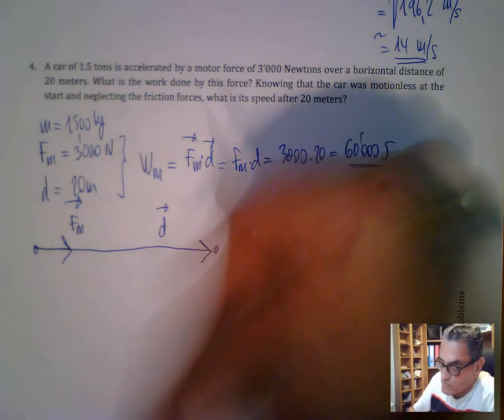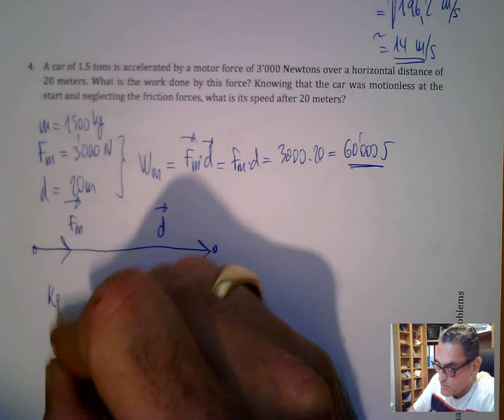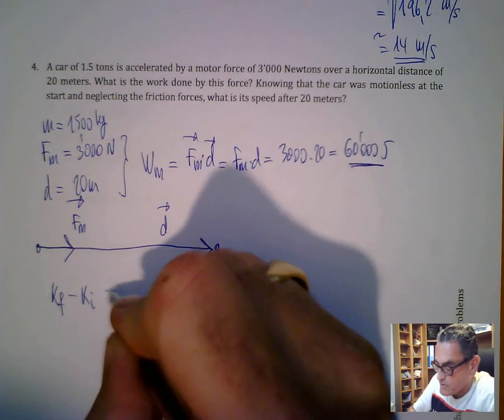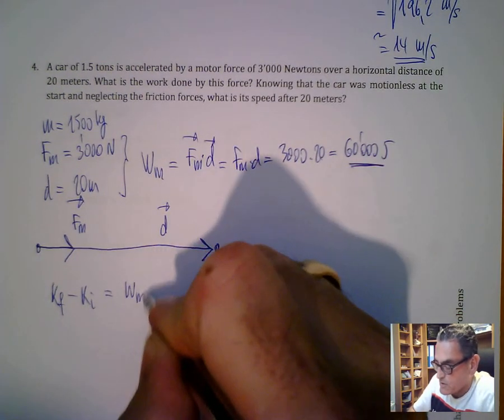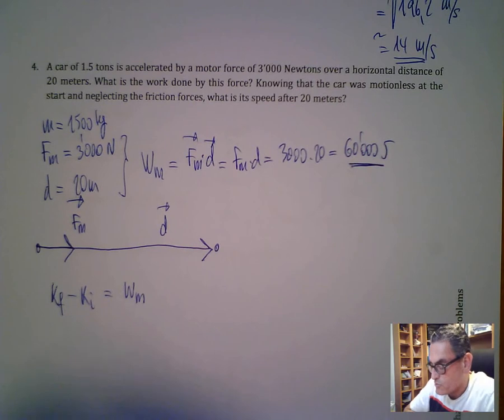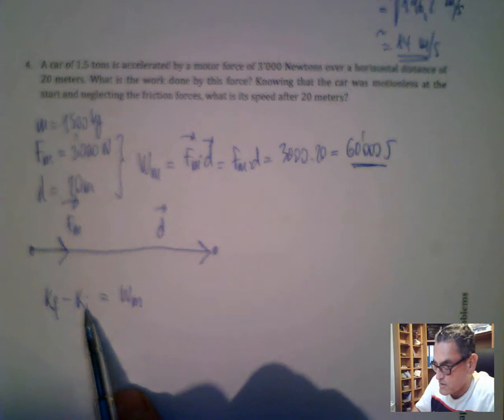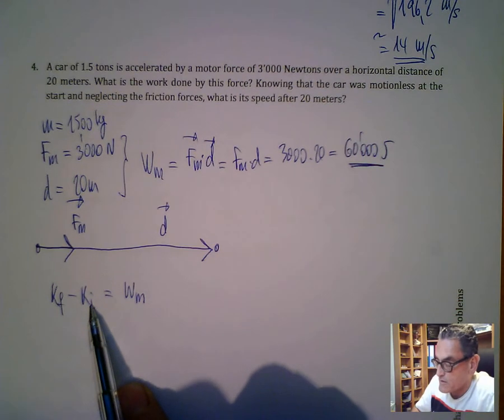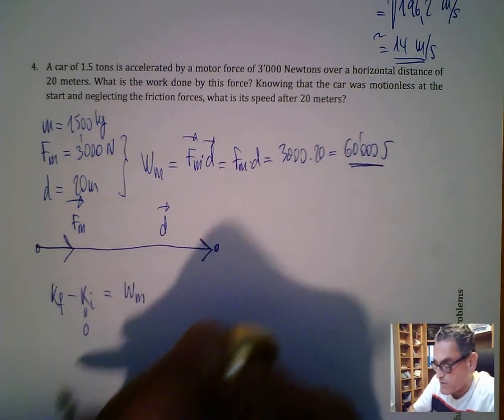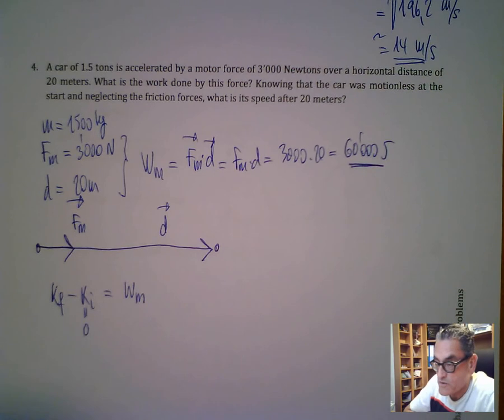Okay, so now there is no potential energy, but the final kinetic energy minus the initial kinetic energy is going to be equal to this work of the motor force. Of course the final kinetic energy is going to be bigger than the initial kinetic energy. The initial kinetic energy is 0 because the car was not moving.